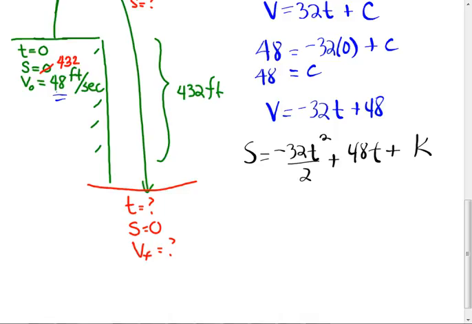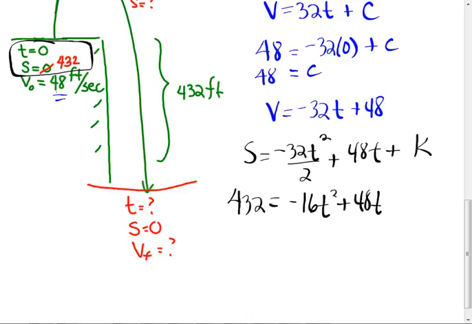Okay, so I want to find k, and when t is 0, what's my position? 432 feet, right? So s equals negative 16t squared plus 48t plus k. Except what's t? That's 0. So that's going to go away, and k is equal to 432.